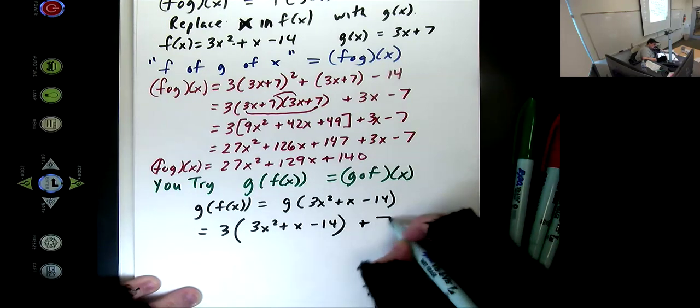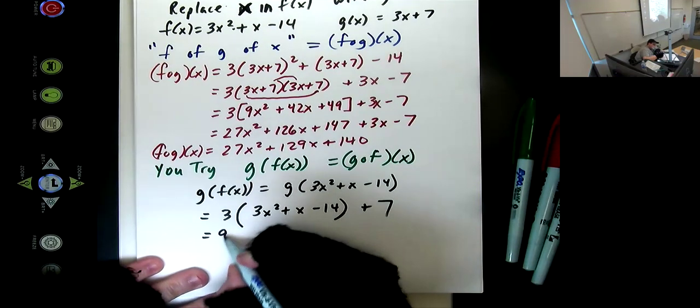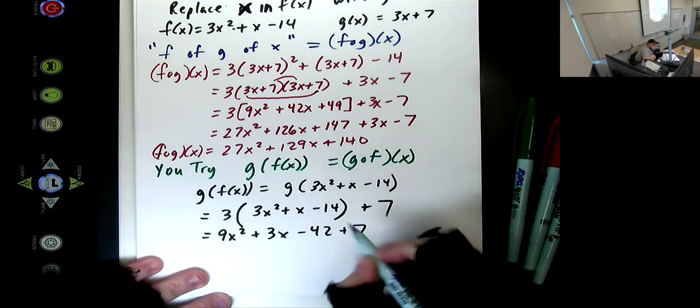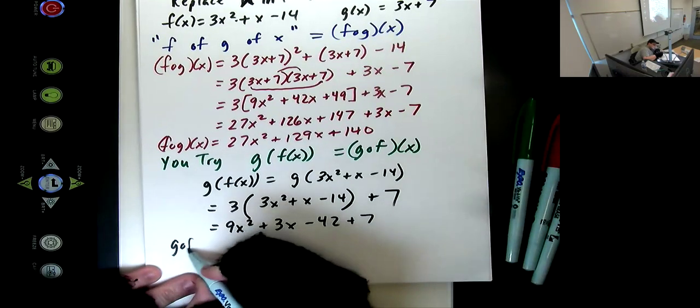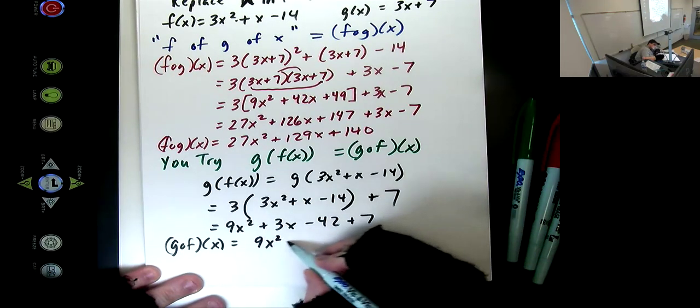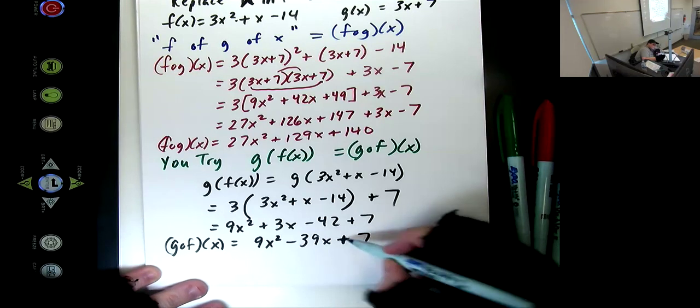So except, then we distribute the three. Divide by two. And that would be it.